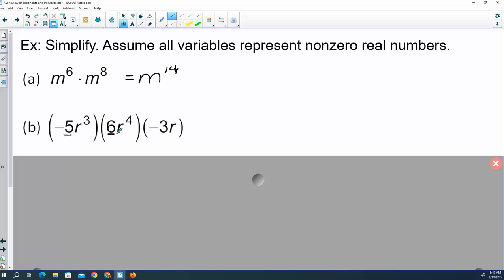Negative 5 times 6, 5 to the 7, because we're adding those exponents. And so then if we multiply, 90 over to 8. Because remember, if there's no exponent written, what do we assume it is? A 1.